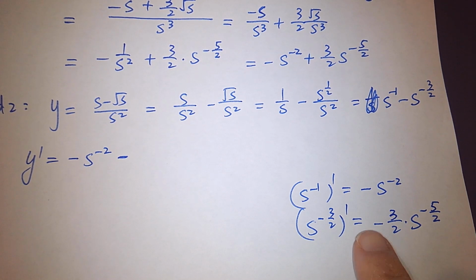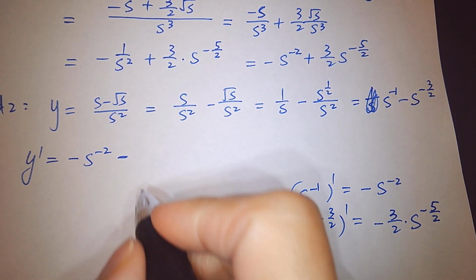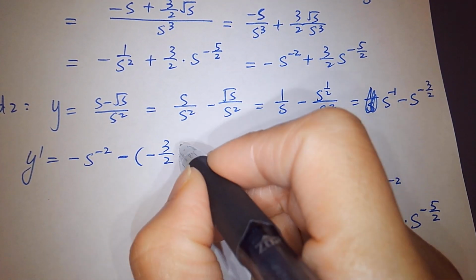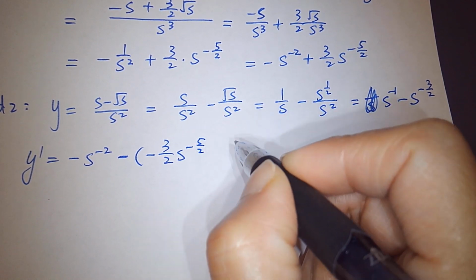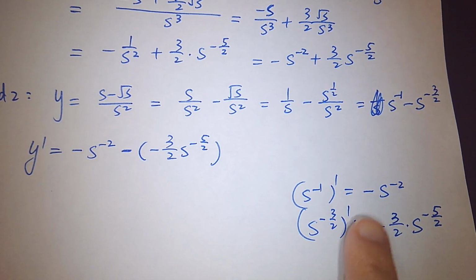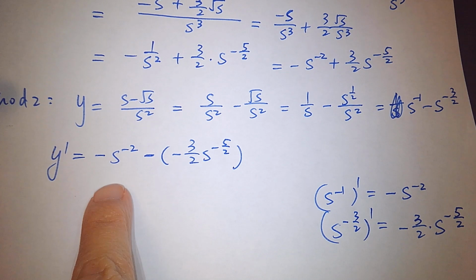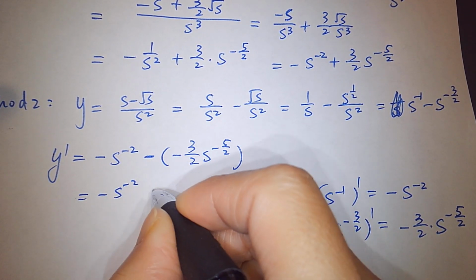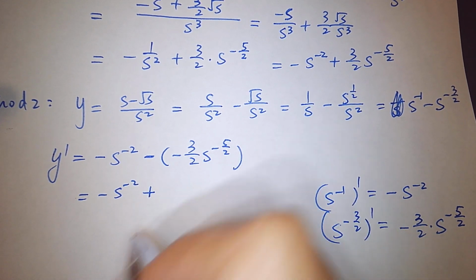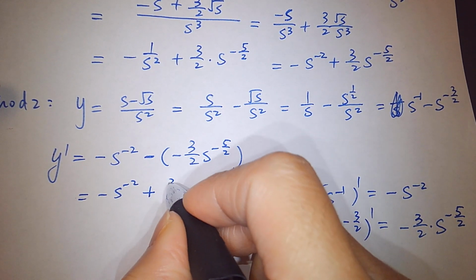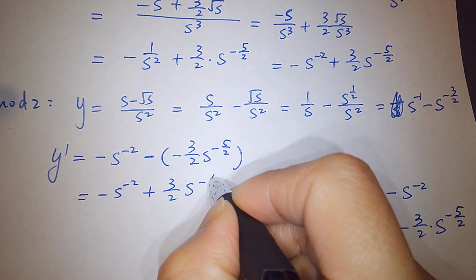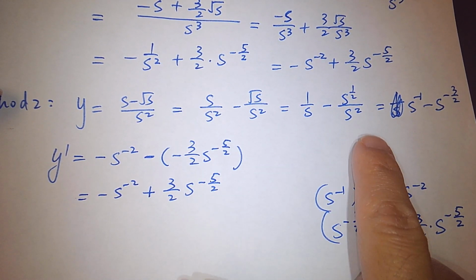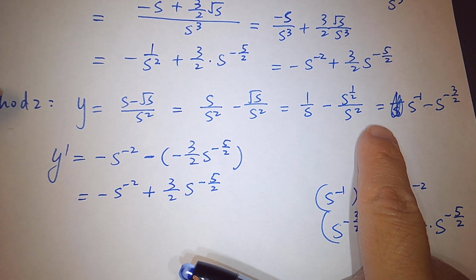So I'm going to copy this: negative 3 over 2 times s to the negative 5 over 2, right? And simplify. Negative s to the negative 2, minus minus becomes plus, you see, plus 3 over 2 s to the negative 5 over 2.